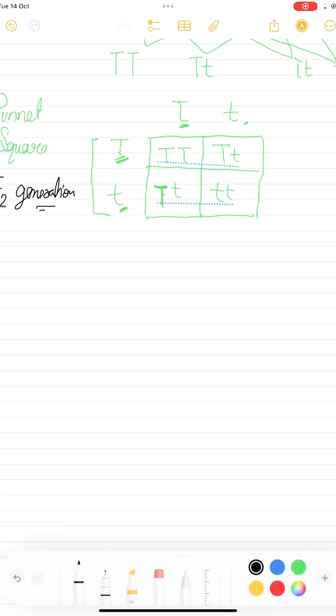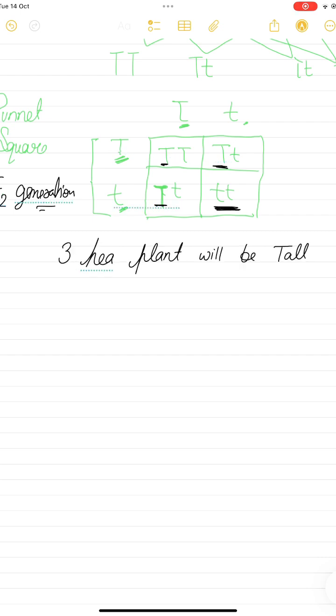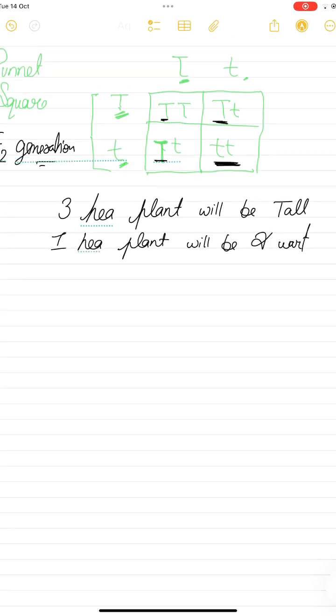Now we are going to write the phenotypic and genotypic ratios. How many tall plants are there? There are 3 tall plants. In 3 of them you can see the dominant tall gene, but in the 4th there is no trace of the dominant gene, so one pea plant will be dwarf in the second generation.